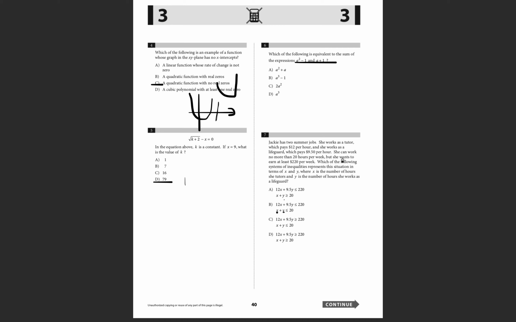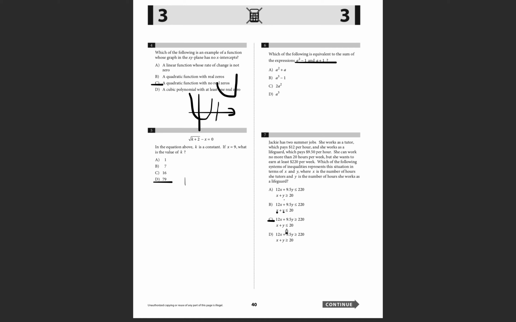It also says she wants to earn at least this amount of money. So this amount has to be bigger than or at least equal to 20, which just gives us number 3, C.